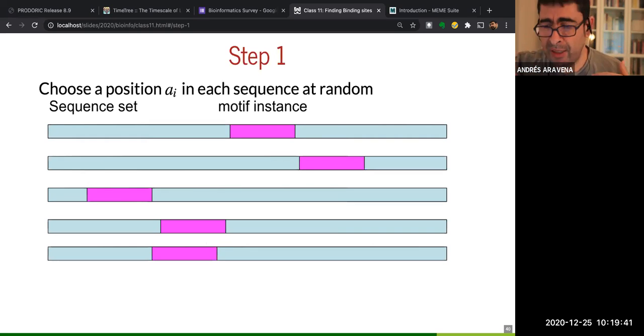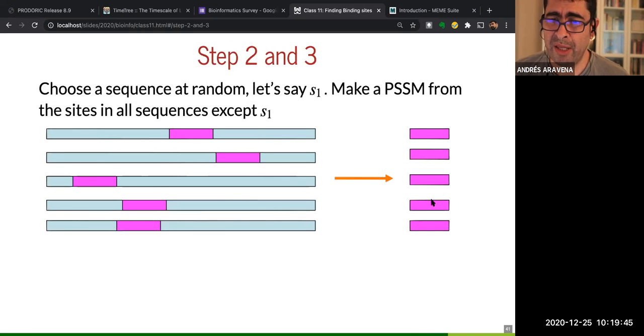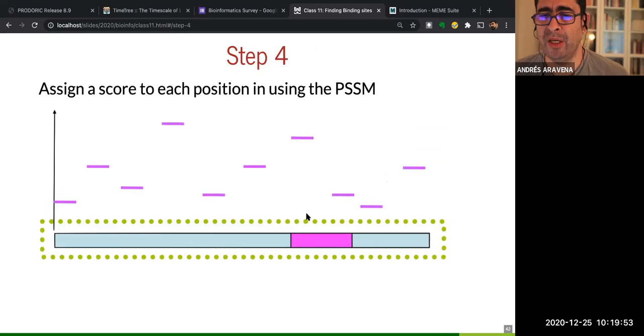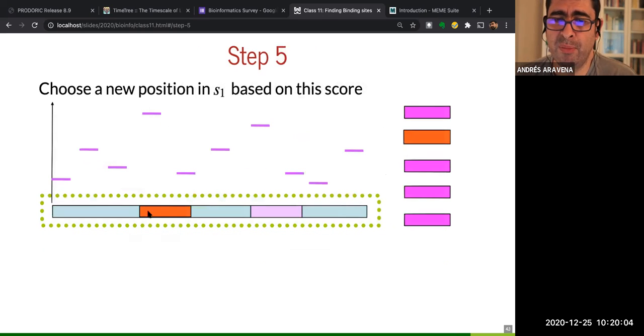You build the scoring matrix. It is noisy at the beginning, but at the end it will allow you to calculate a score in different parts, and the higher the score gives you the position of the better element.